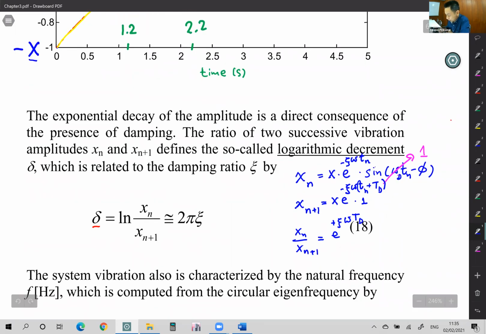Okay. Once you have this, you just take the natural logarithm of this ratio. You can have 2 pi psi, right?